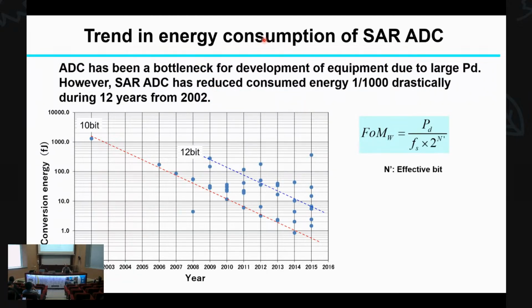This is the energy consumption of a 10-bit unit ADC. Amazingly, the ADC energy became 1,000 times lower during only 12 years.